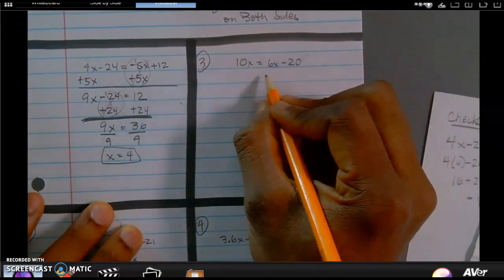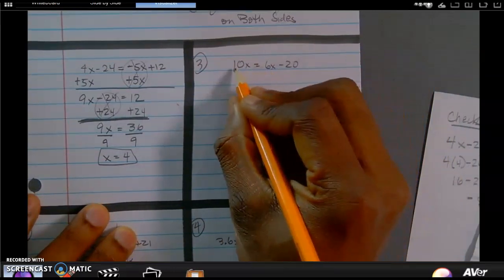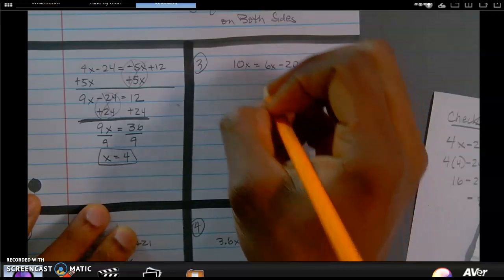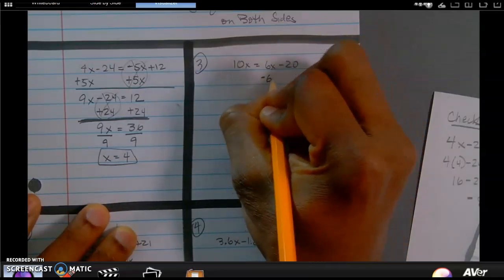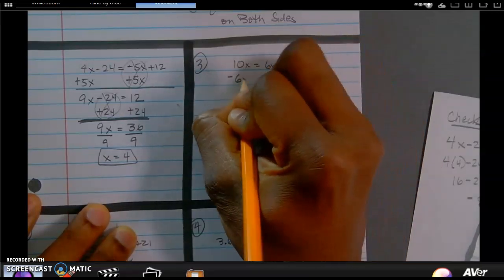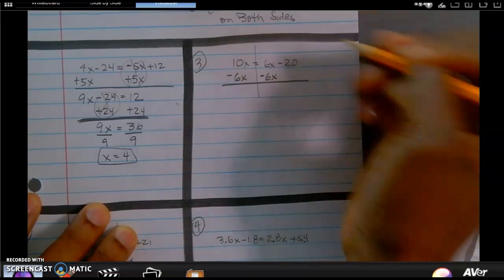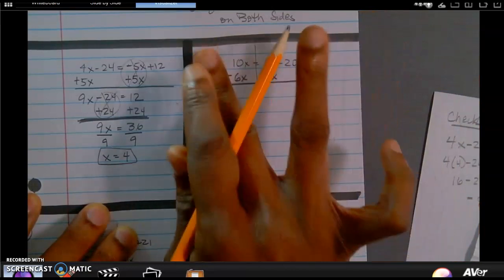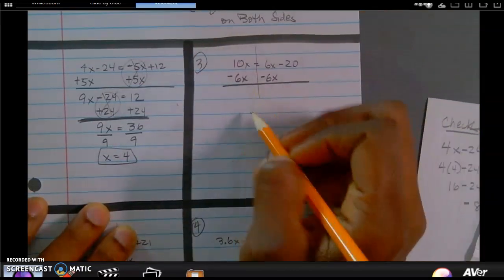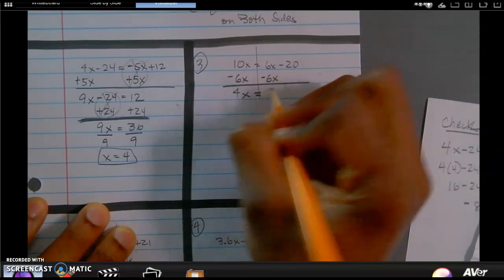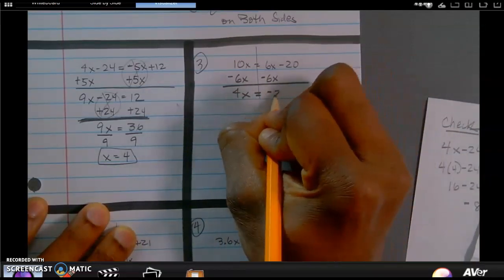Again, I want to move these variables around where the coefficient is still positive. So if I were to add negative 6x to both sides, again, using this line to separate what's over here and what's over here. Even if I do that, I am still left with positive 4x is equal to a negative 20.